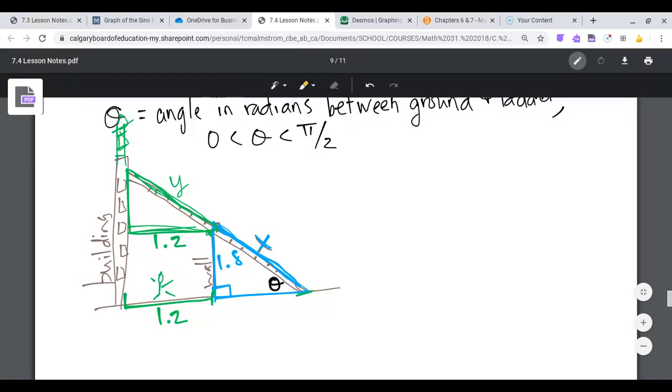Okay. And because the blue triangle and the green triangle are actually similar triangles, theta would also be in that green triangle, and it would be exactly the same value.